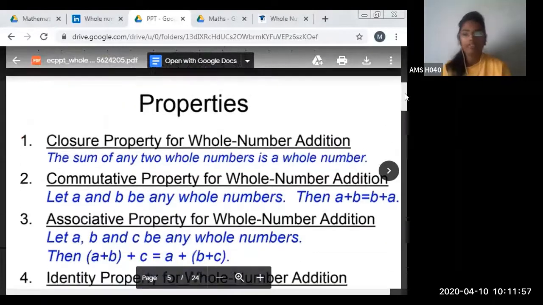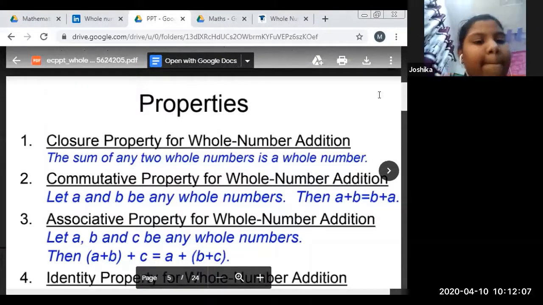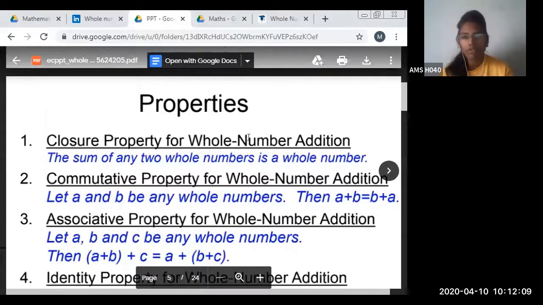So we have properties of addition. Can you see that slide? Yes or no? The first one is the closure property for two whole number addition. Means the answer will be like this.